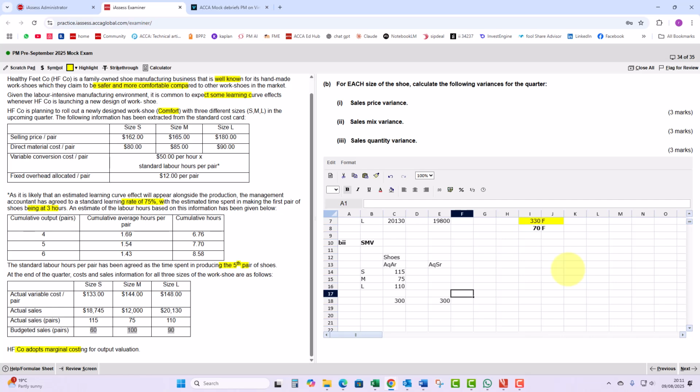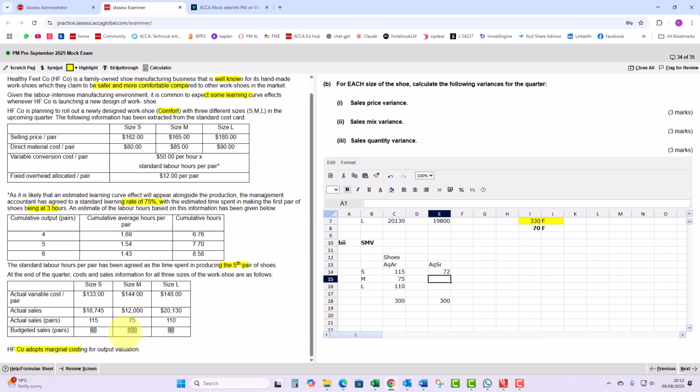You might want to do a side working, or you might be happy to just do it in the spreadsheet here. But what we're saying is normally for small, we'd expect out of this volume of sales, which is 250, 60 would be small. So 60 250ths would be small. So we take 60 250ths of the 300, and that's what ends up sitting in this cell here.